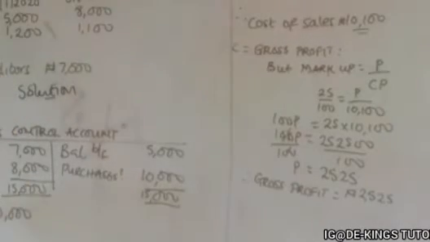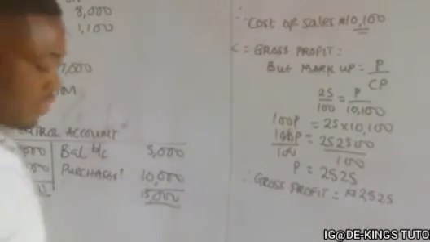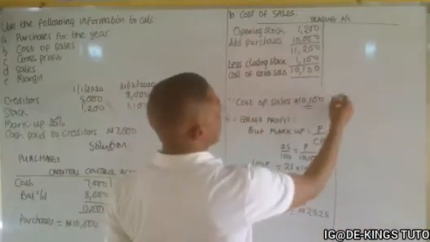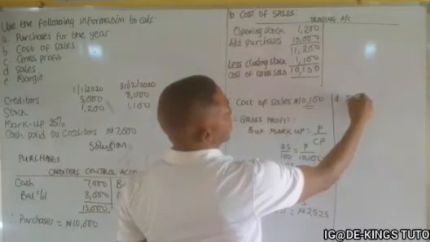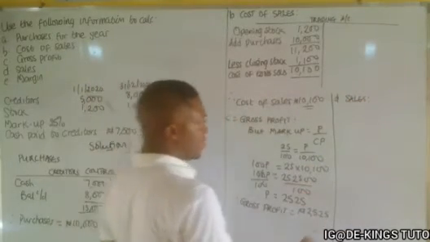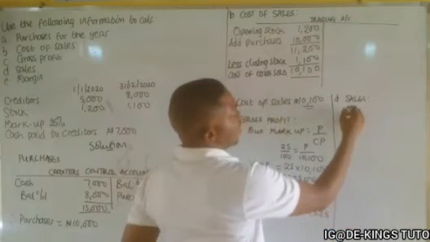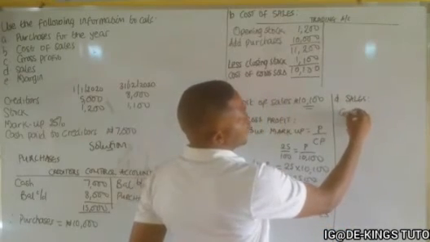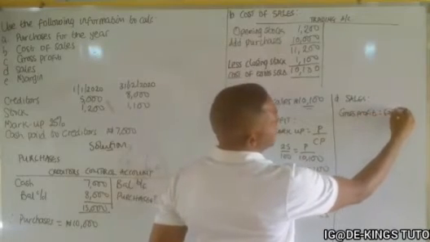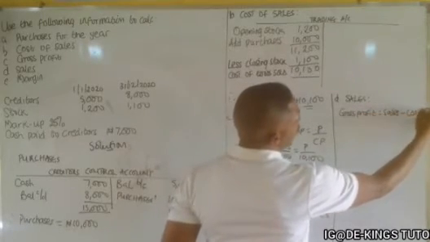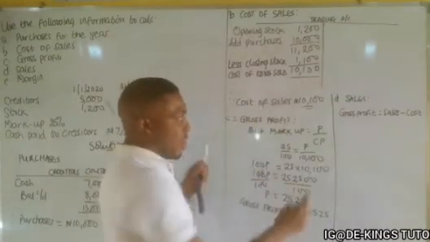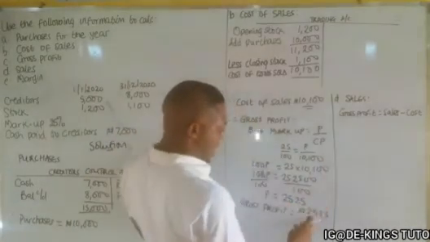The next one is sales. What is sales? Now how do we get sales? If you remember, we said the gross profit can also be gotten as sales minus cost of goods sold. Okay? That's the gross profit. But now we've already known the gross profit as this.